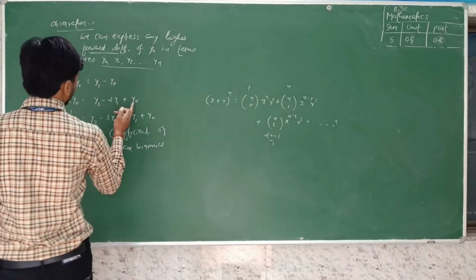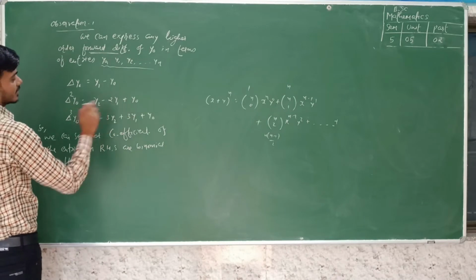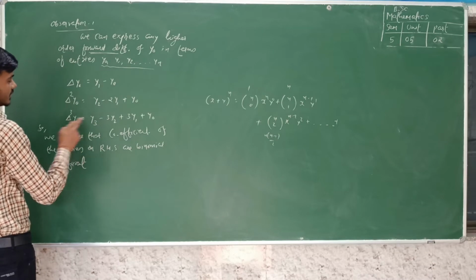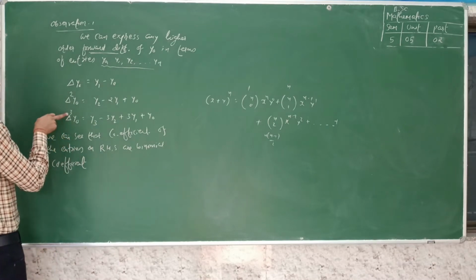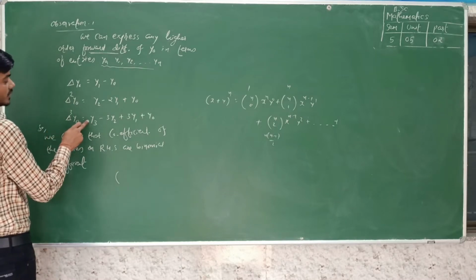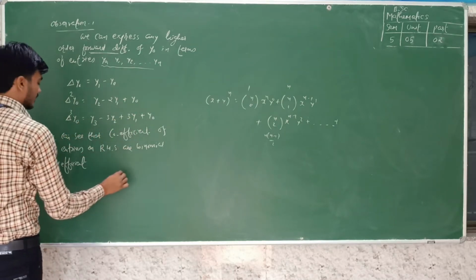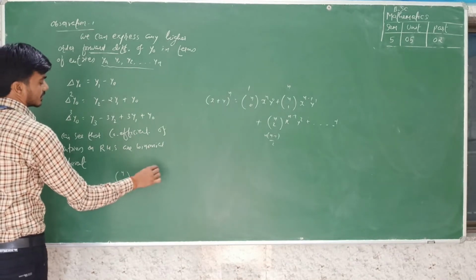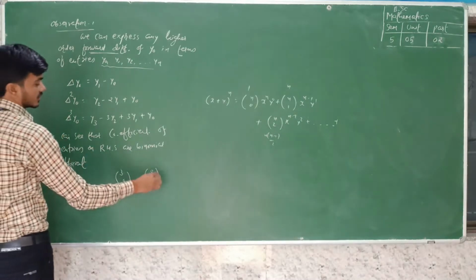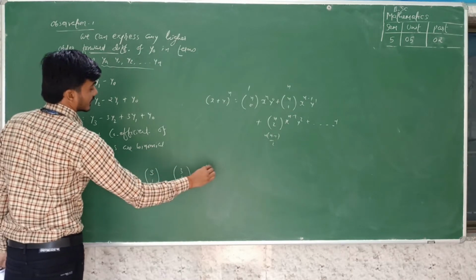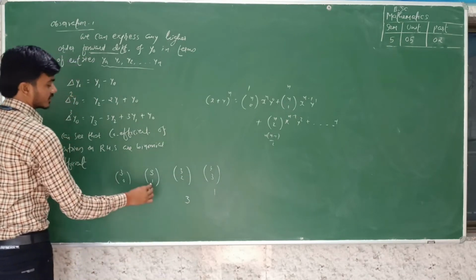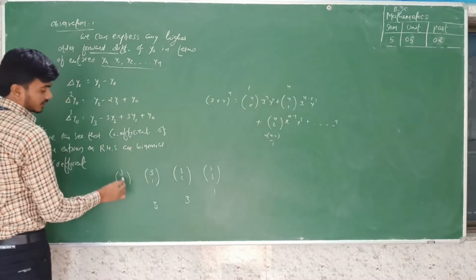Here the coefficients on the right hand side are 1, minus 2 and plus 1. Whenever we present the third forward difference, it is 1, minus 3, plus 3, minus 1. So these are 3c0, 3c1, 3c2 and 3c3. 3c3 is 1, 3c2 is 3, 3c1 is 3 and 3c0 is 1.